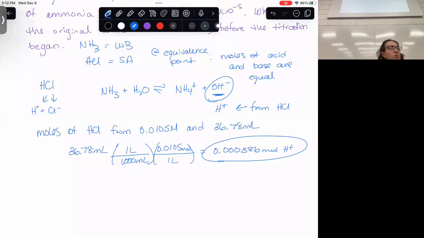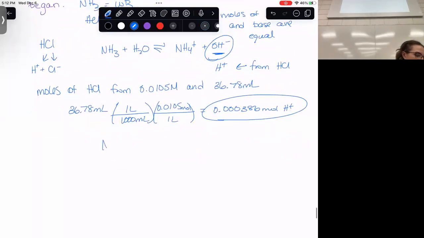Does everyone follow that logic? So if we're looking at our reaction, we have this many moles of H plus.